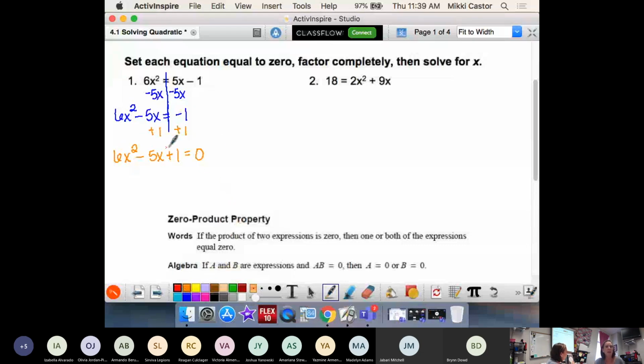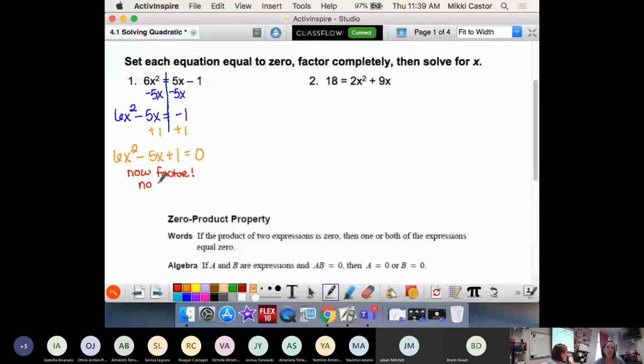So then we're going to solve this by factoring. So again, factoring is the big key word. When I am factoring, what do I look for first? So now, factor. All right. So if I'm factoring, the first thing I want to look for is that GCF. Do these three terms have anything in common?